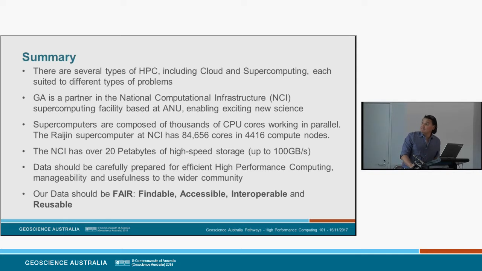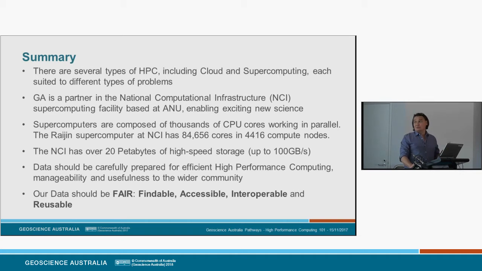So also the supercomputers are composed of thousands of cores, so that has a bearing on how you formulate the problem for parallel processing, and there's a fair bit of work that needs to go into that usually.